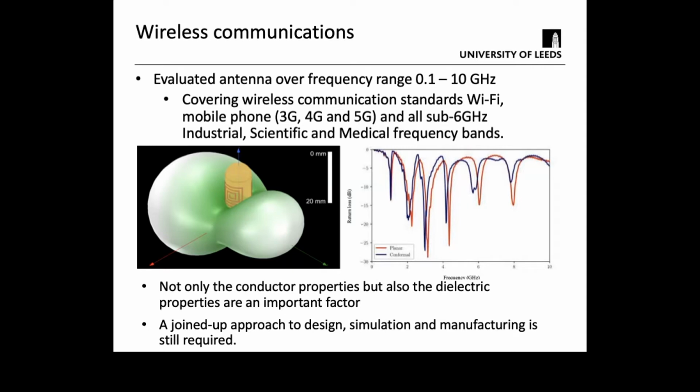What we found was that the performance was very good. It's important to note it's not just the conductivity of the copper that matters here, but it's also the dielectric performance of the underlying substrate. So we got a close agreement with the simulations, and we found that this would potentially offer a route going forward to producing high performance antennas.